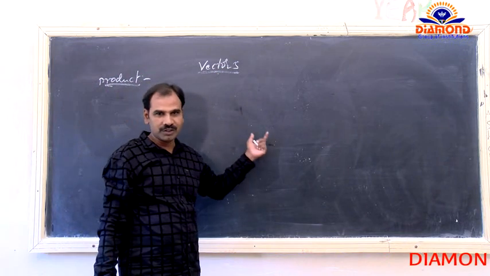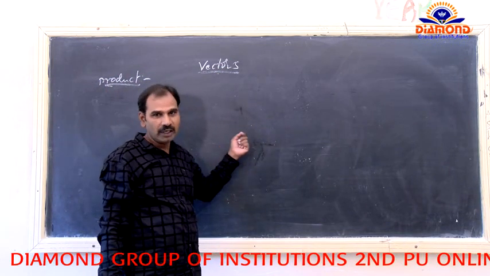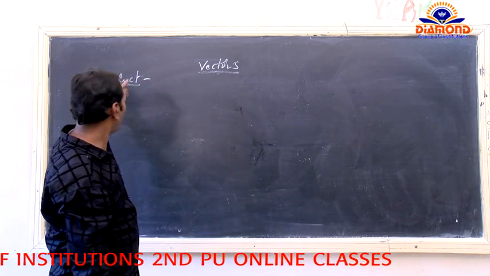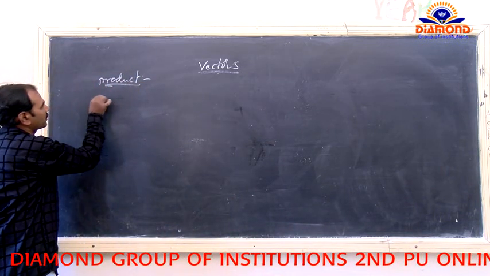Addition, subtraction, meaning sum or difference, and scalar multiple of a vector, we discussed here. Next, the product of vectors. The product is of two types.